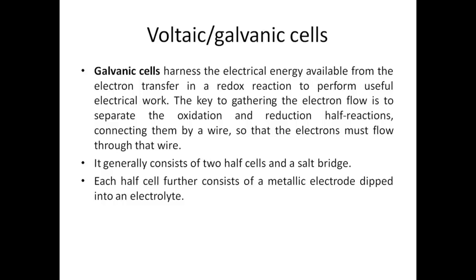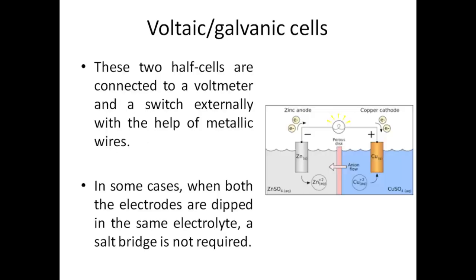A voltaic or galvanic cell consists of two half cells connected with a salt bridge. Each half cell consists of one metallic electrode dipped into an electrolyte. Over here you can see a porous disc in between, which is a semi-permeable kind of membrane. On one side you have zinc dipped into zinc sulfate, and on the other side copper dipped into copper sulfate.